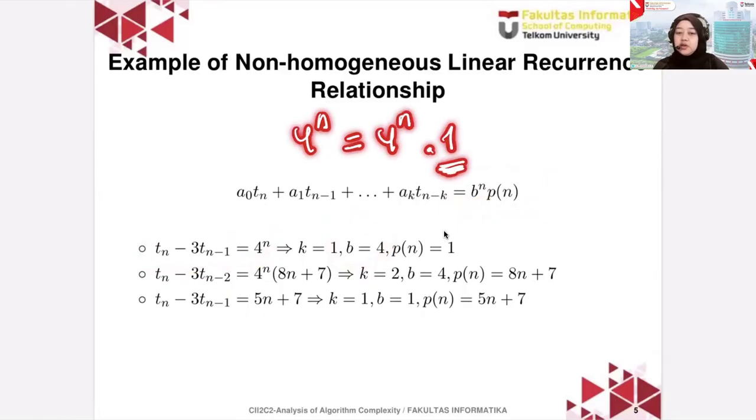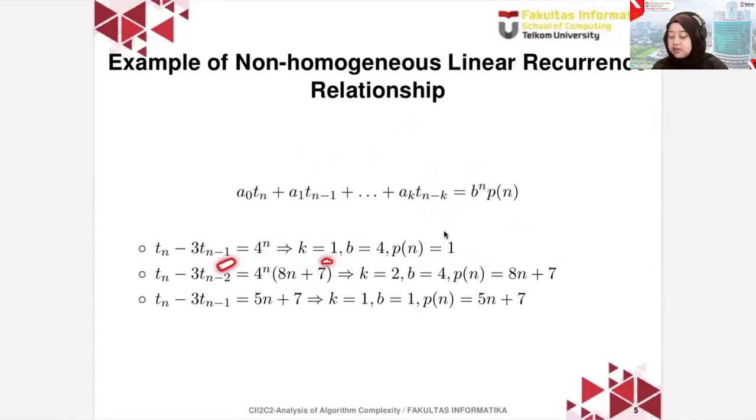Where this is a polynomial of degree 0. So Pn is equal to 1, so the degree will be 0. And k is the highest subtraction we have in the index of T. So in this case, k is 2, and in this case, k is 1.